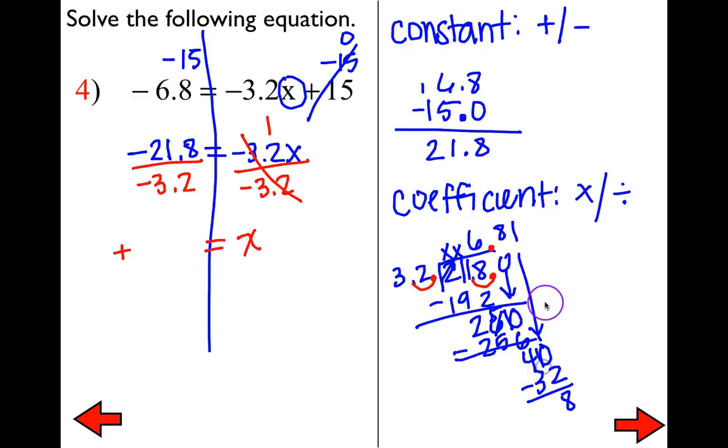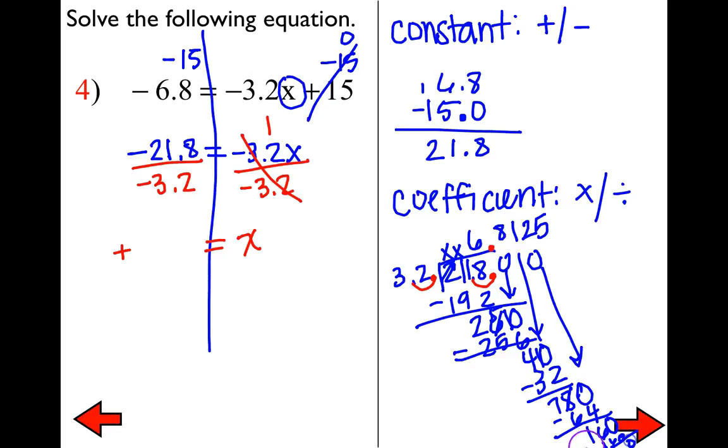Let's see. And then bring down another 0. That's going to go in about, let's see, 2 times. We're leaving us with 2 times 2, which is 4, 2 times 3, which is 6, with a remainder of 160, and that's going to go in 5 times.